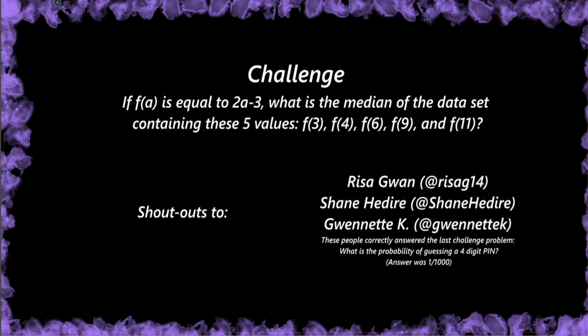And these are the shoutouts: Teresa Guan, Shane Hedire, and Gwyneth K, who correctly answered the last challenge problem. What is the probability of guessing a 4-digit PIN? The answer was 1 over 10,000.